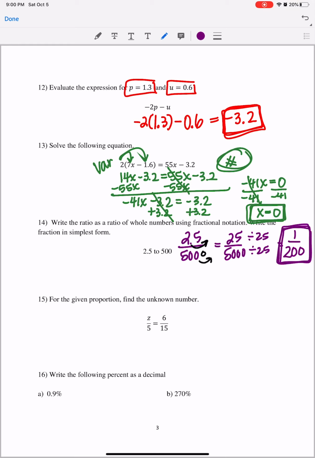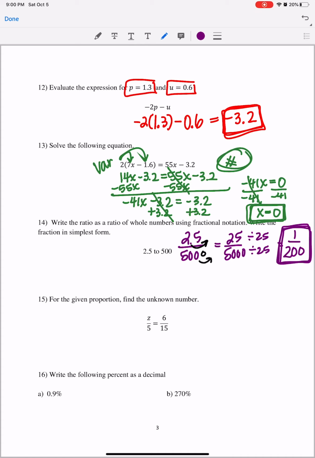Okay, again, come and see me because we can go straight from this 2.5 over 500 to this 1 over 200 in your calculator. That's calculator work, really and truly. It's not hard to do it by hand, but you don't have to if you know how to do it in your calculator.